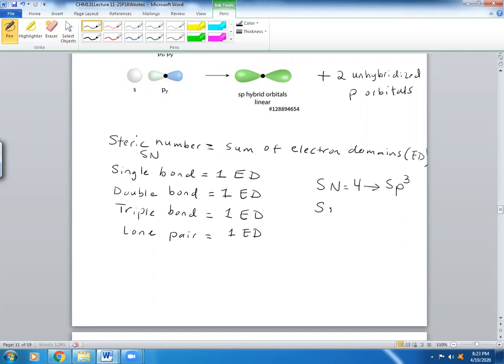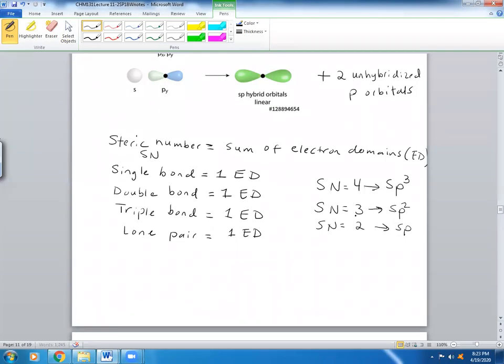If you have a steric number of 3, what do you think this is going to be? sp2. If you have a steric number of 2, that's sp. Now, they can go above 4.